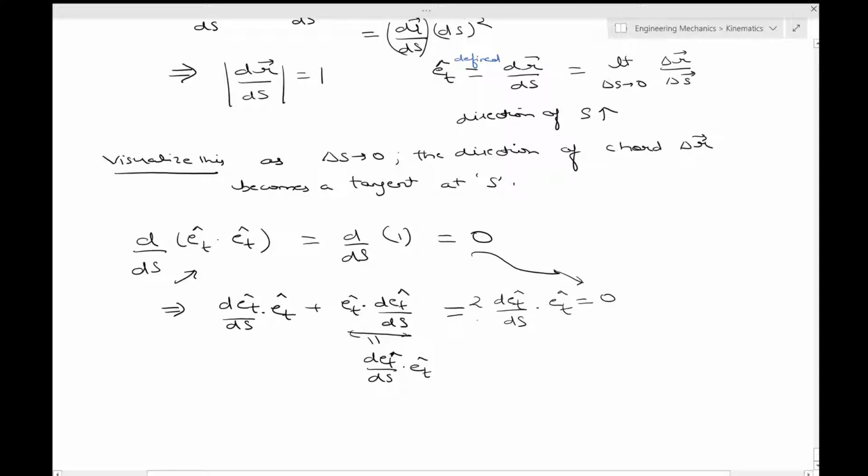Well, clearly 2 is not equal to 0, so the only possibility is that det hat by ds is actually perpendicular to et, if obviously det by ds is not equal to 0. So et hat cannot be equal to 0 because it's a unit vector, it has a magnitude. So the only possibility could have been that if this det by ds is equal to 0, but since we are ruling that out, we can say that det by ds is actually perpendicular to et.